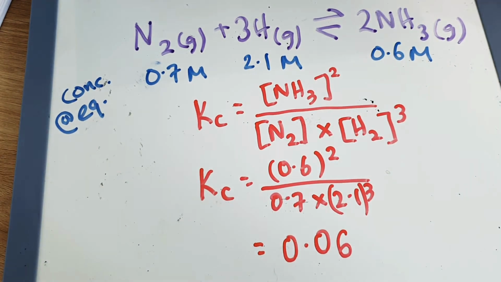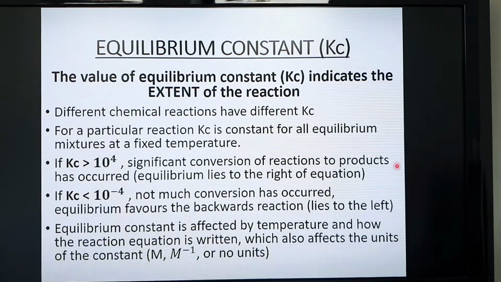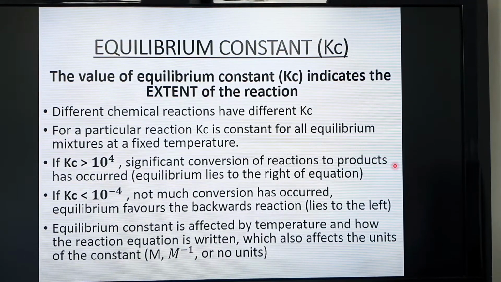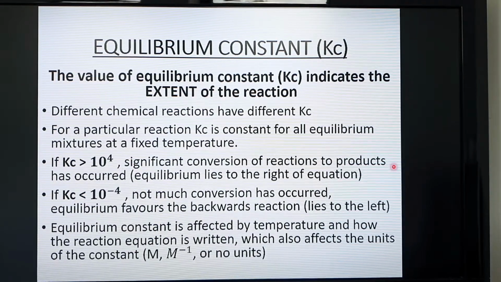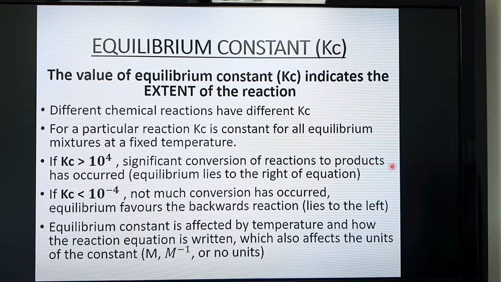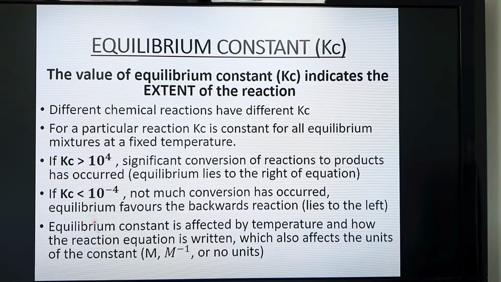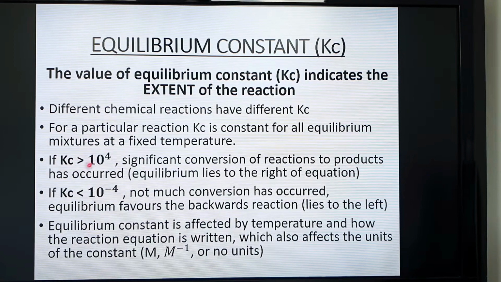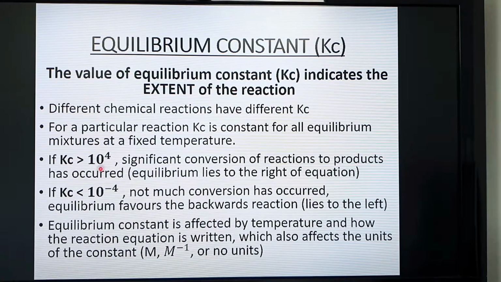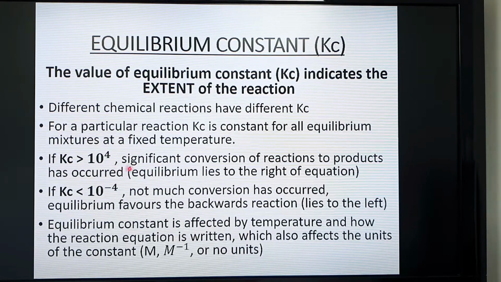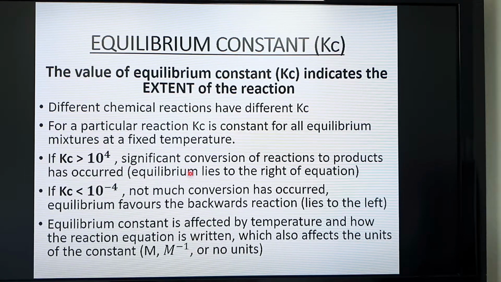Now, what does it actually mean? Let's remember that 0.06. The Kc value, or the equilibrium constant, talks about the extent of the reaction. Now, if you have a look at how we interpret Kc, if the Kc value is greater than 10 to the power of 4, then we get a significant conversion of reactants to products.